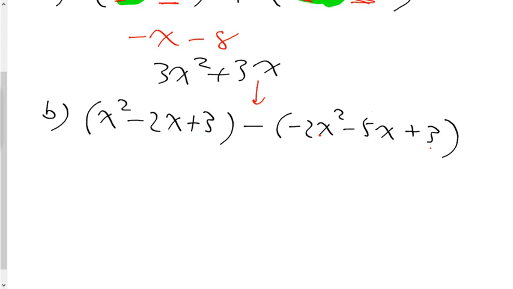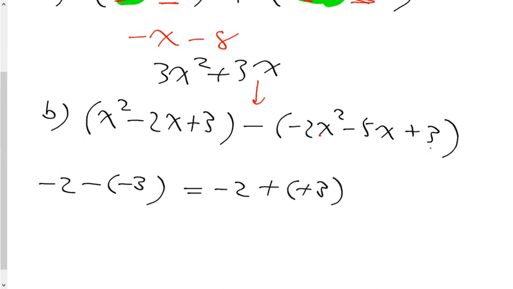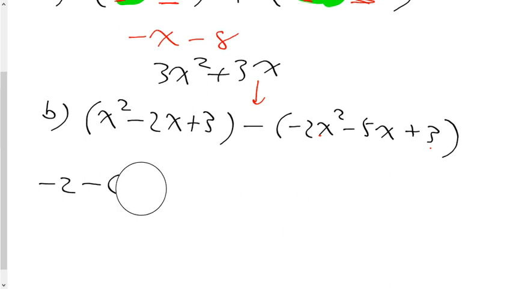It's much easier to do this question if we use the idea of what? Without modeling it, what's the easiest way to subtract polynomials? We're going to use that same integer thing. Back in grade 7, you learned that the easiest way to do this was to think of it as being -2 plus the opposite of -3. We learned KFC. KFC still works for polynomials as well as integers.